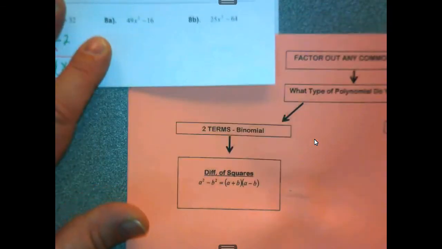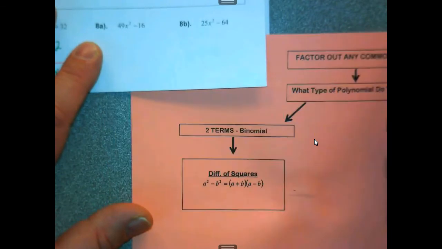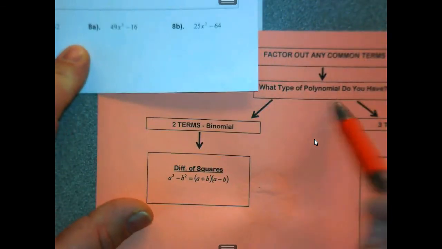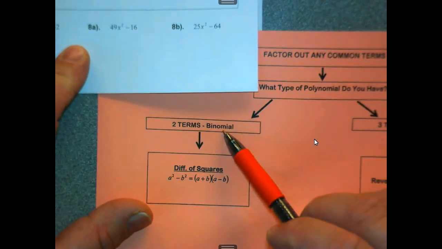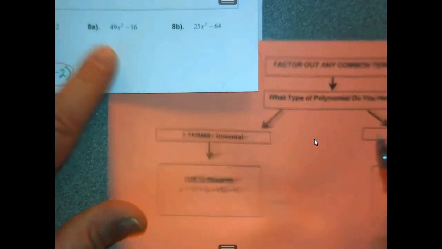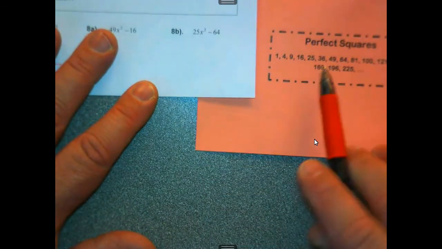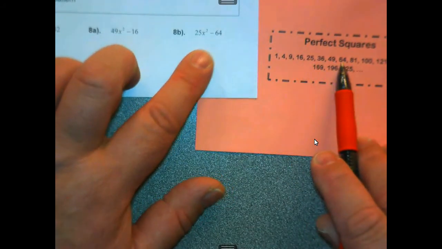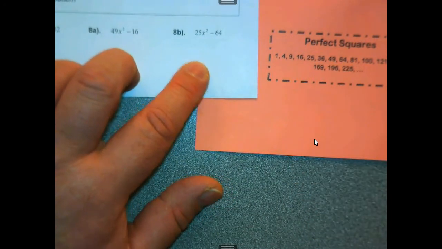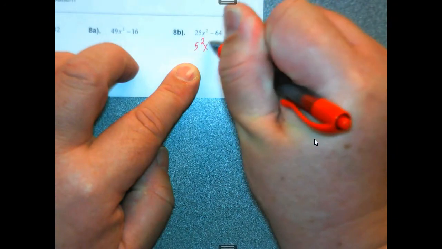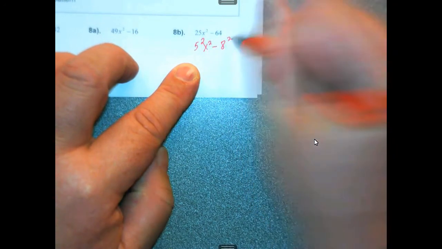All right, 8B. Any common factors? Nope. What type of polynomial? Two terms, binomial. Is it a difference of squares? Well, if I look at my perfect squares here, yeah, 25 is a perfect square. 64 is a perfect square, so it is a difference of perfect squares. I'm going to write it that way: 5 squared x squared minus 8 squared.